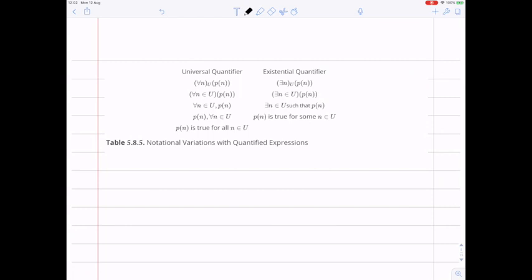So there are some different types of notation that you might see in different textbooks. For the universal quantifier and the existential quantifier, we've seen this notation. The notation that I actually prefer is the one on the third line here, where we make explicit: for every n element of U, P(n) is true.